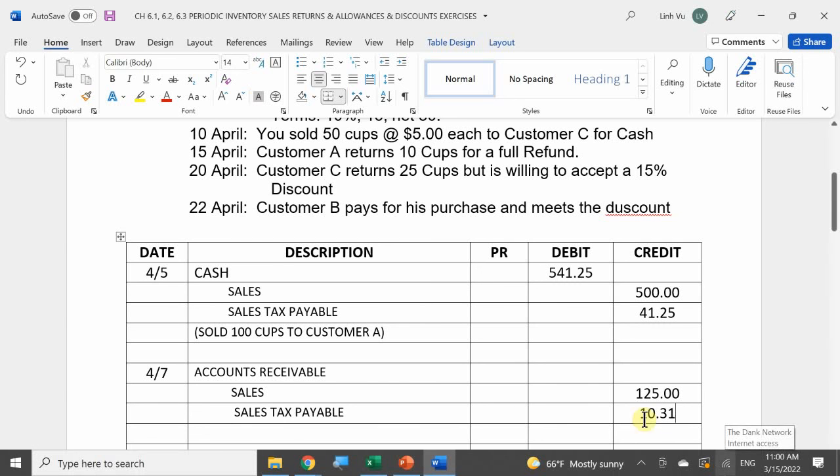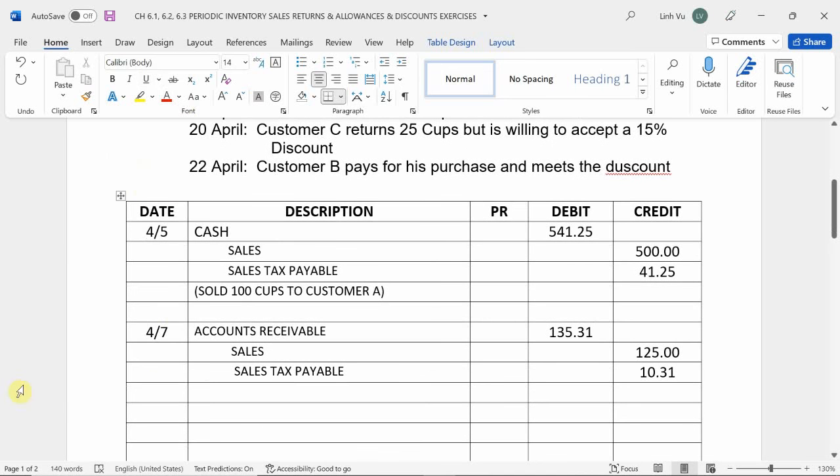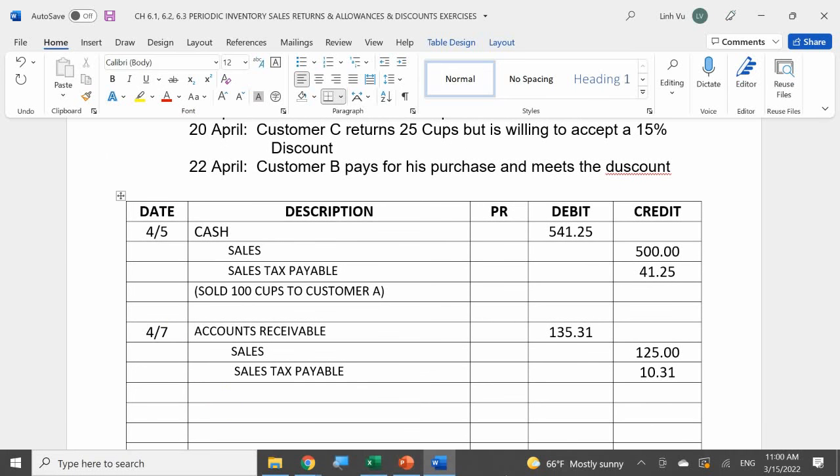Okay, so therefore, in grand total, how much does customer B owe me? $135.31. And of course, I'm going to say sold 25 cups to customer B, okay?